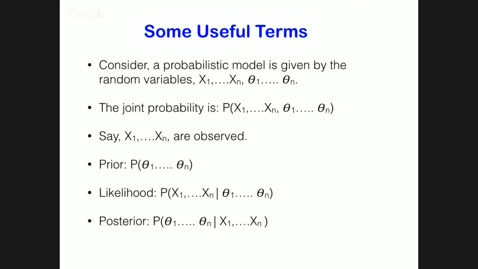What would be the likelihood for this example? Observed over unobserved. So C, E given A, B, D. And the posterior would be just the reverse for this. So that's going to be probability of A, B, D given C, E.